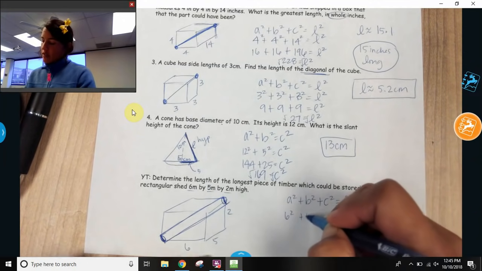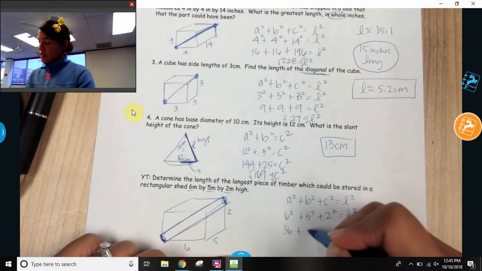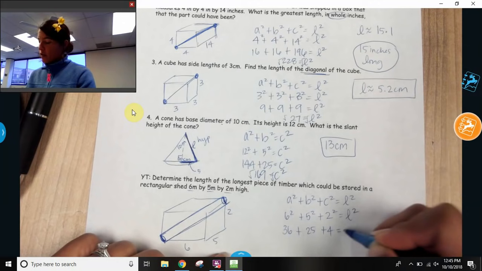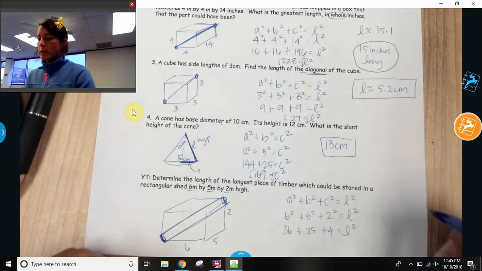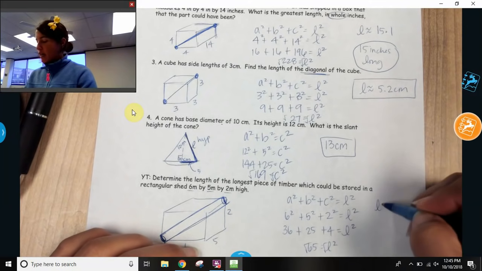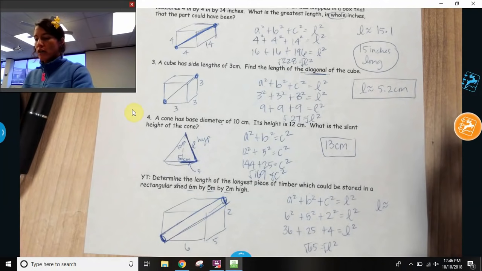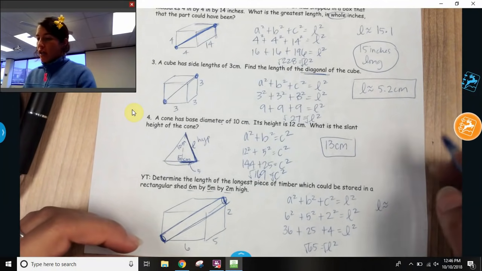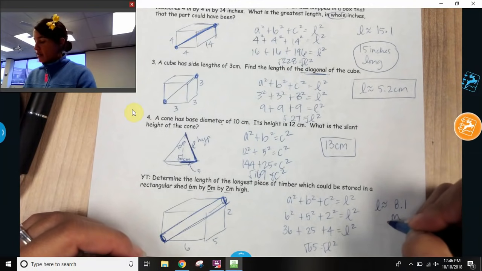So 6 squared plus 5 squared plus 2 squared. 36 plus 25 plus 4 is 65. And then I would take the square root of both sides. And does it say whole number? It does not. So the square root of 65 is going to be 8 point something, 8.06, so 8.1 meters long.